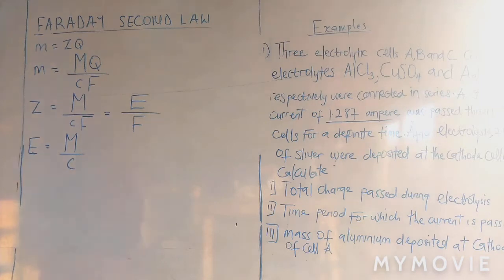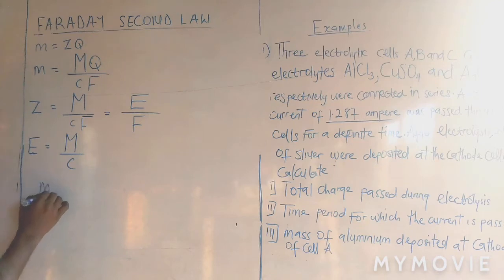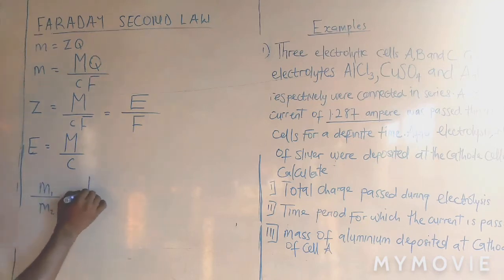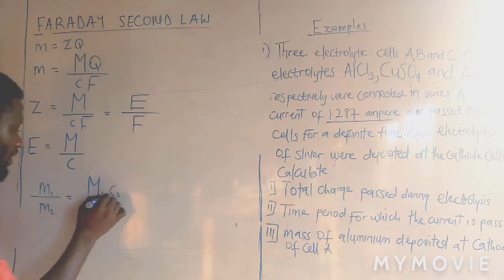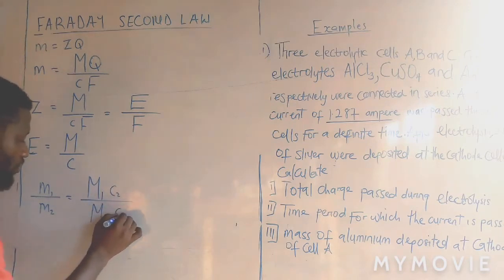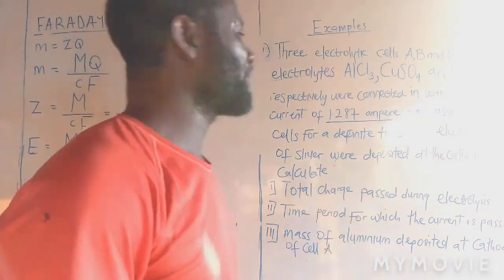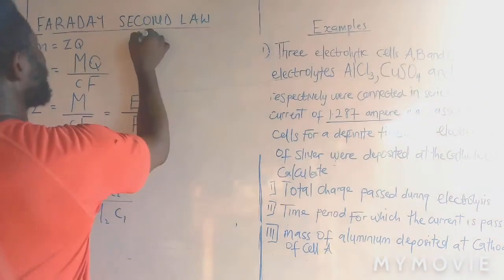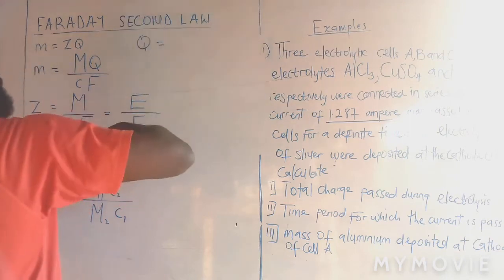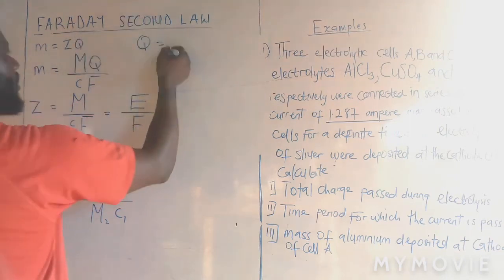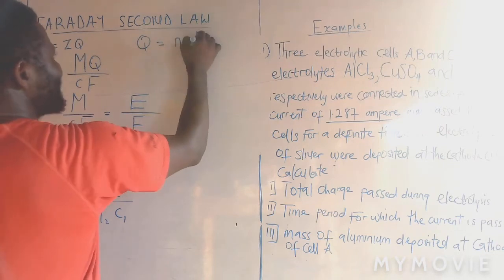Now, lastly, when we talk about the second law, we have M1 over M2 is equal to molar mass 1 C2 over molar mass 2 C1. Alright, these are the formulas we need in dealing with Faraday first and second law. Again, we must not forget the one I derived in my previous video when I was dealing with the Faraday first law. Q is equal to NCF.